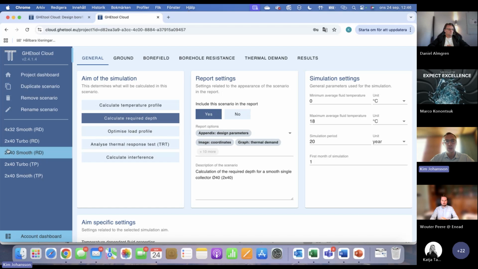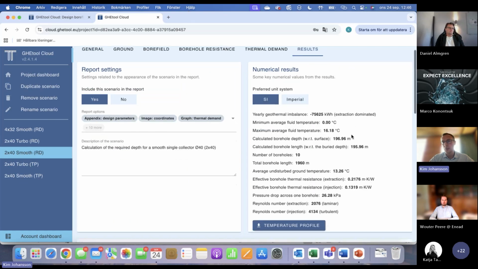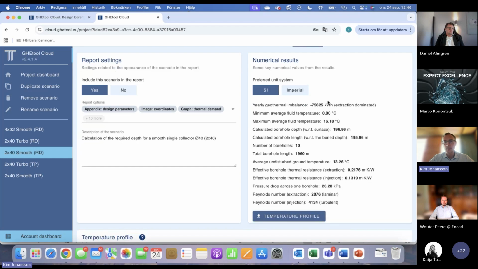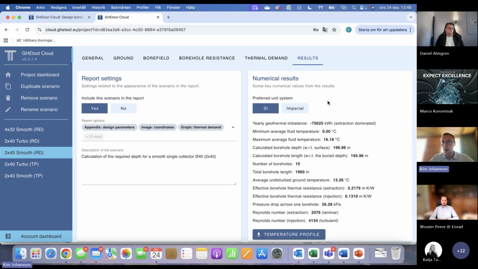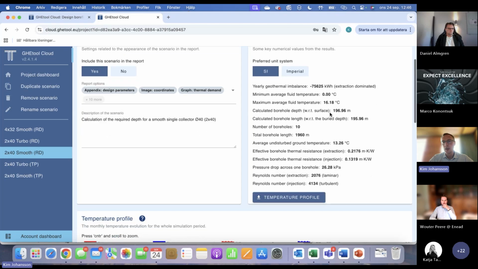In the first simulation, we used a smooth pipe. So all the settings are the same, and we could go directly to the results and see how it differs. First of all, we still have the same imbalance because this is due to the thermal demand. The minimum temperature fluid is the same because we ask the system to calculate the required depth.